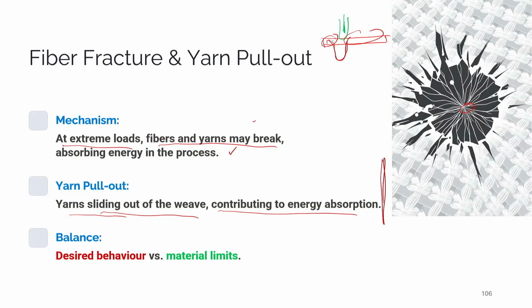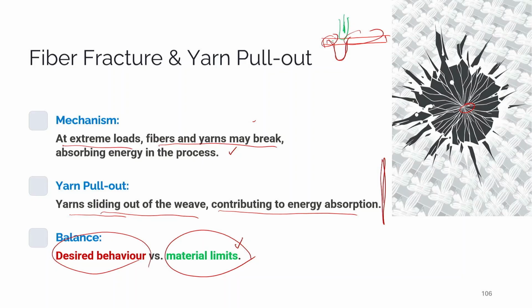So, we have to have some balance, like the desirable behavior we need, and what the material limits are. That balance we have to strike, because we have to select certain material depending on our need, so what type of behavior we need.